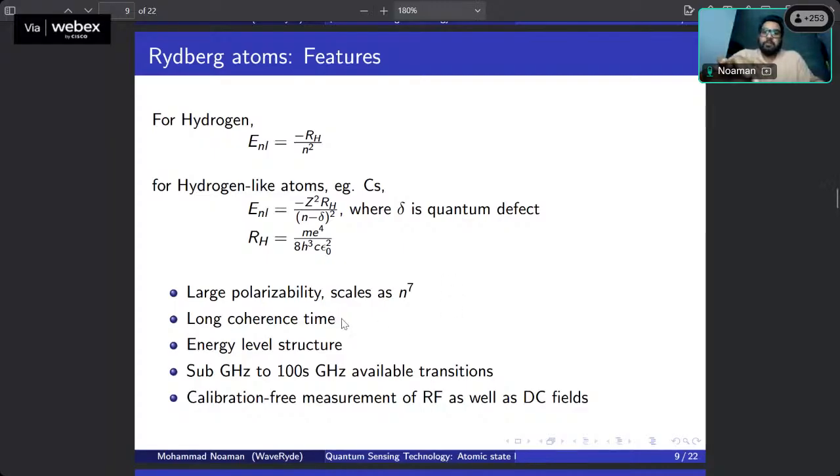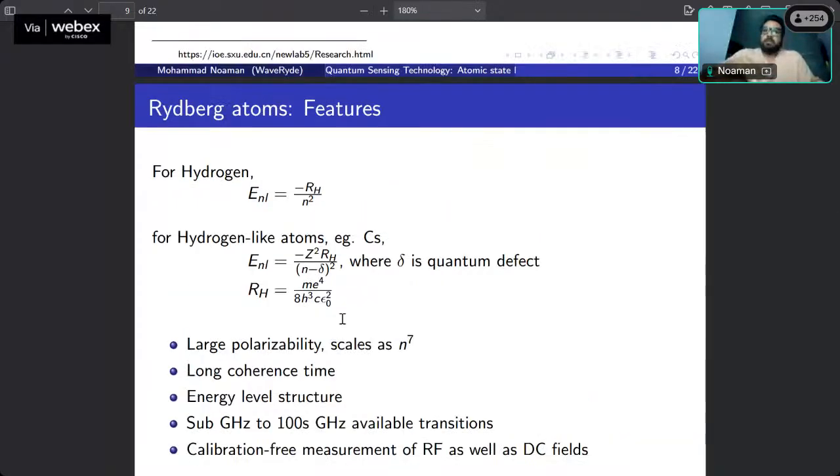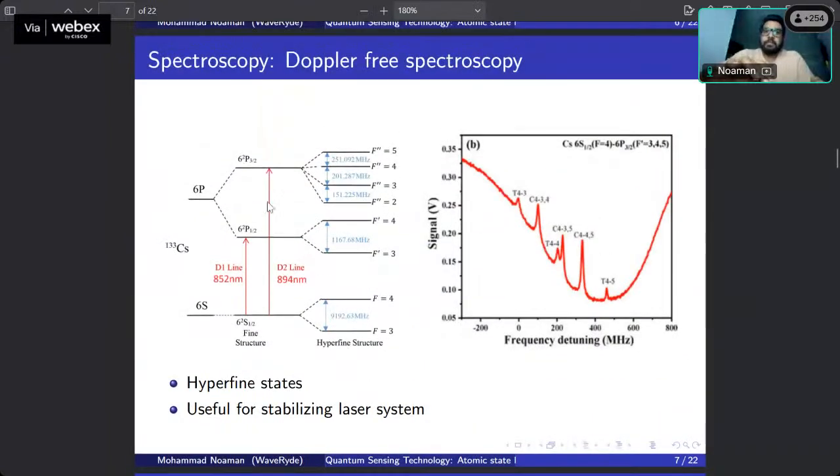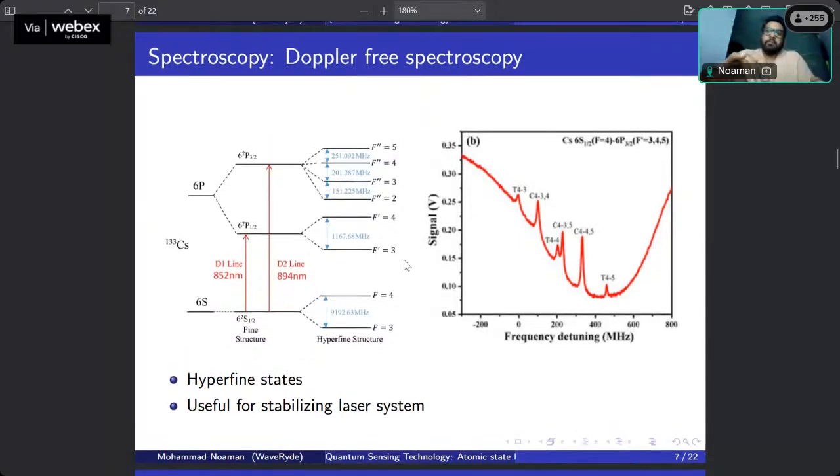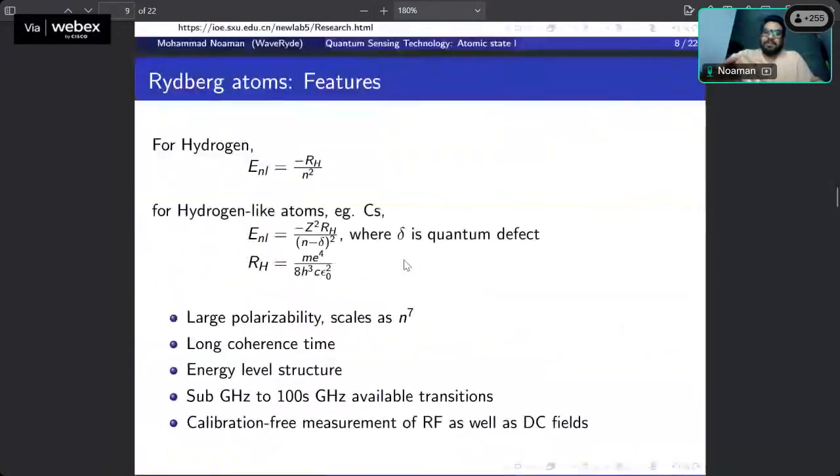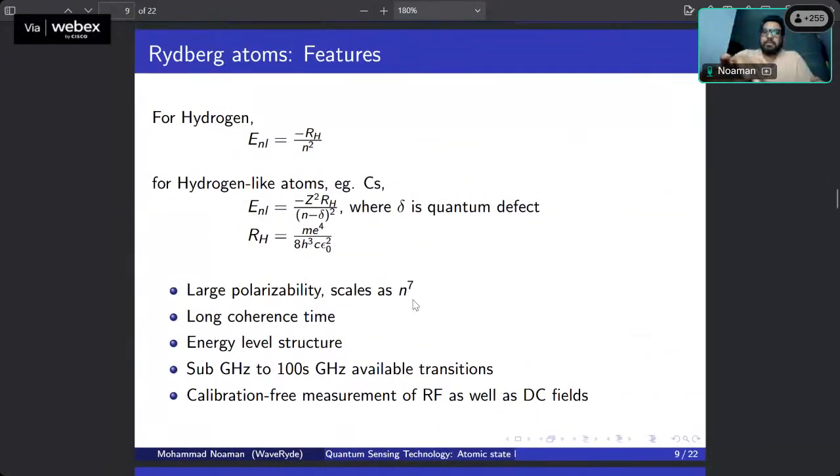Also, another thing is that it has a very long coherence time. Some of these states, like this 6p3/2, have a very short coherence time, in this case about a few hundreds of nanoseconds. That's not good enough. The coherence time in Rydberg states is on the order of tens or hundreds of microseconds.